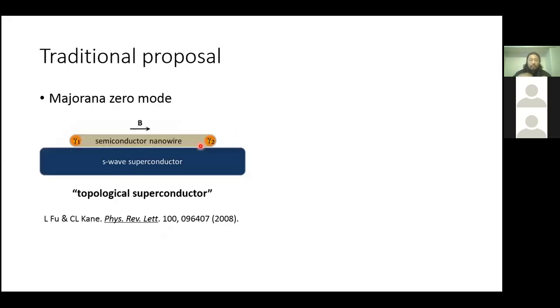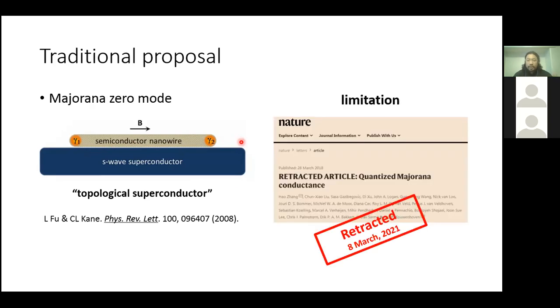One of the most famous proposals is based on the Majorana zero mode in a material called a topological superconductor, where you place a semiconductor nanowire on top of the superconductor, and you can realize this Majorana zero mode in real space. The disadvantage of this proposal is that it's hard to build and detect this Majorana zero mode.